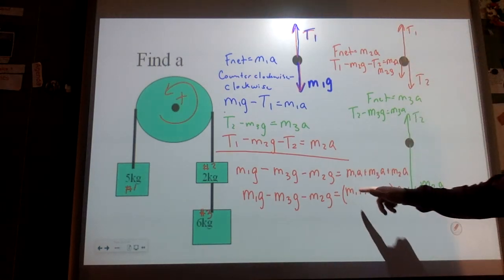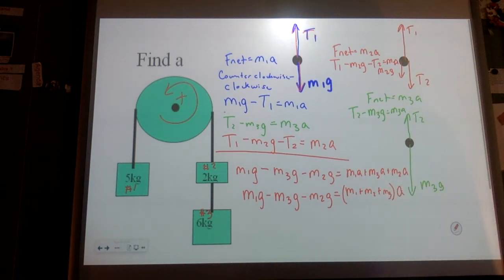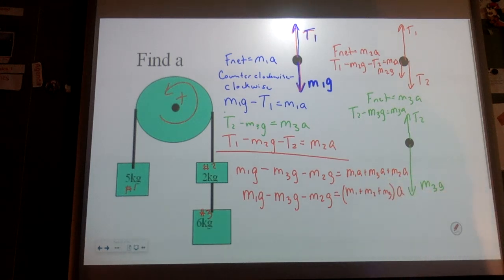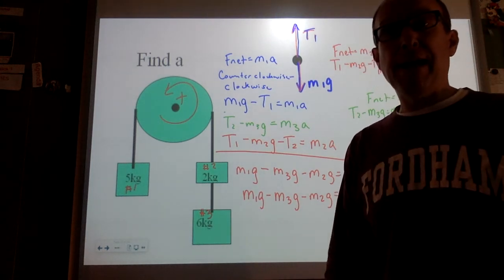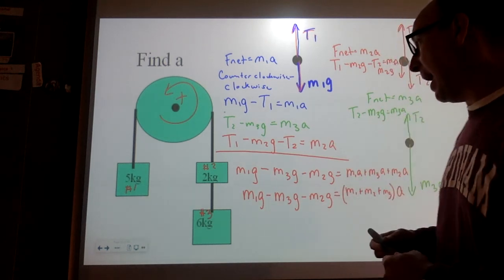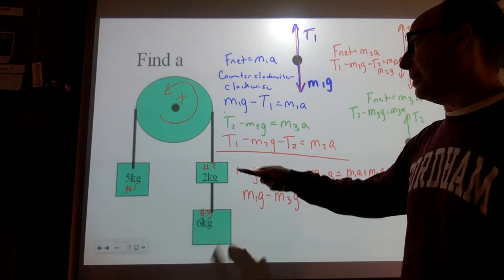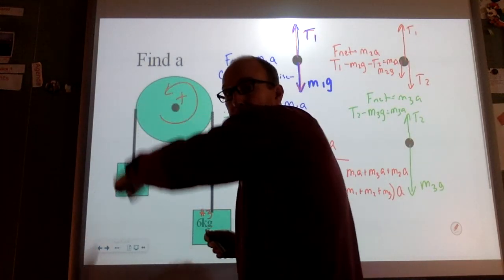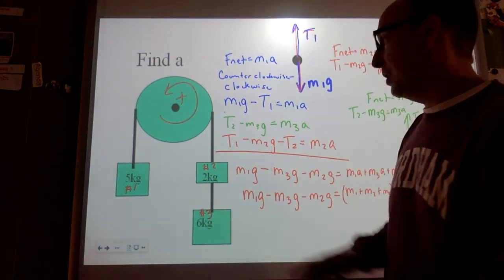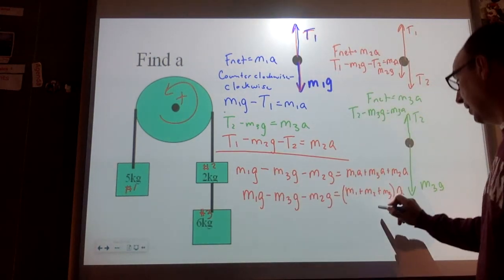What is M? M is all of the masses. They all need to be accelerated. So this is all of the masses times the acceleration. What's Fnet? Fnet is going to be the sum of the forces. And we have M1G trying to make it turn this way, and M2G and M3G trying to make it turn that way. So these are our Fnets.